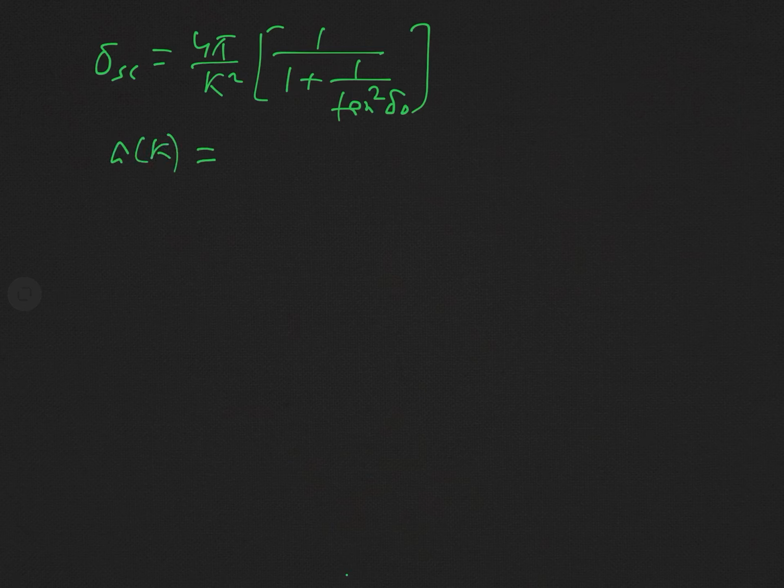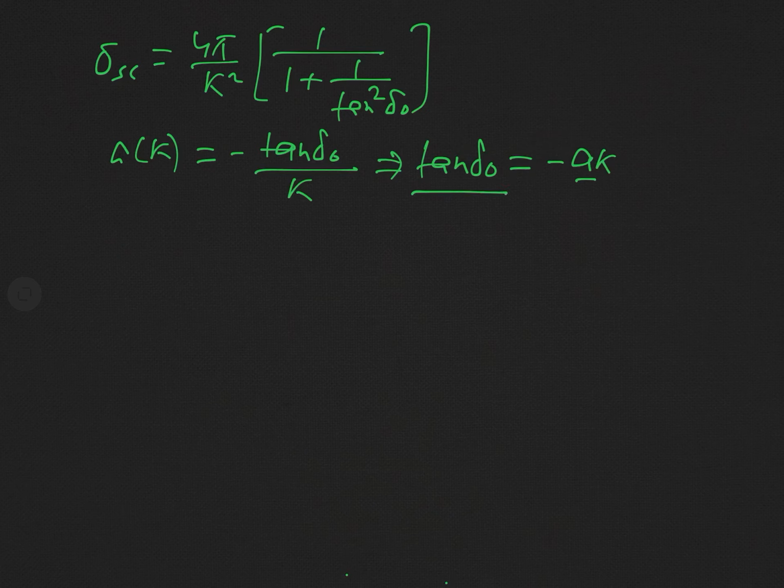And see the definition, this A of k is equal to what? In general, this is minus tan delta naught over k. And so we can write tan delta naught equal to minus A into k. Just I have dropped this dependence of A on k, but remember this A depends on k.